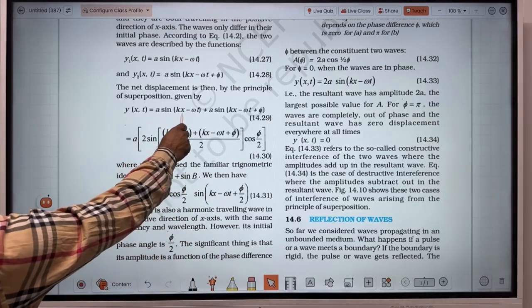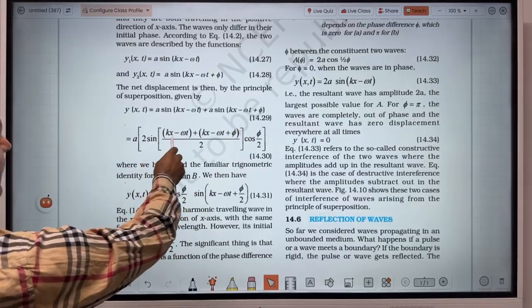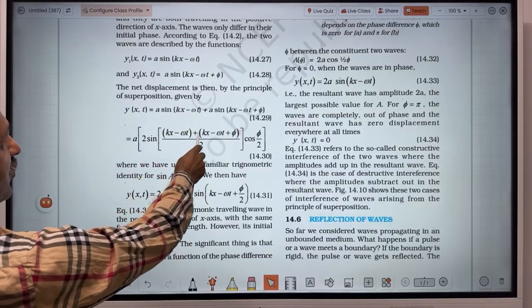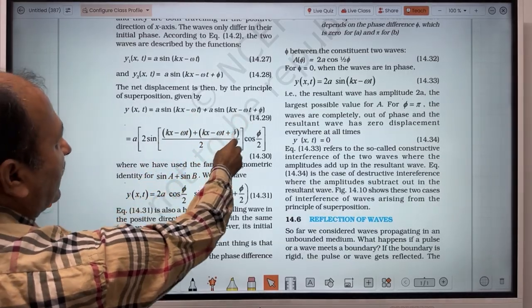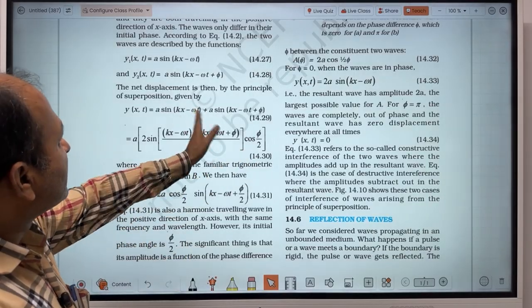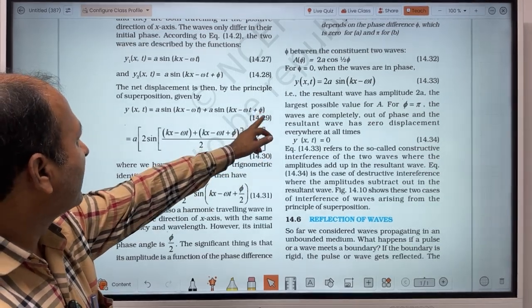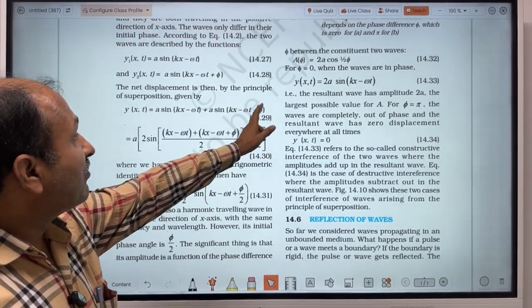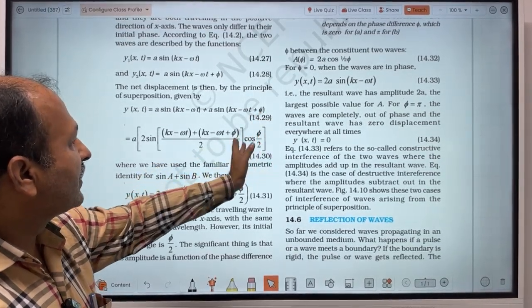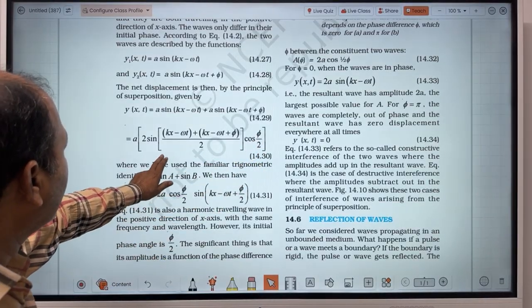So if we apply that formula, this is c, this is d. So 2 sin of ((kx minus omega t) plus (kx minus omega t plus phi)) divided by 2, into cos of (c minus d). If you subtract the two, you will get minus phi, so minus phi by 2, but cos(minus theta) gives cos theta, that is why cos phi by 2. So we have got this equation.